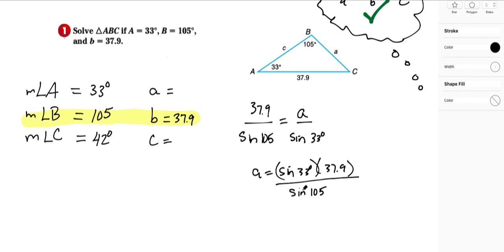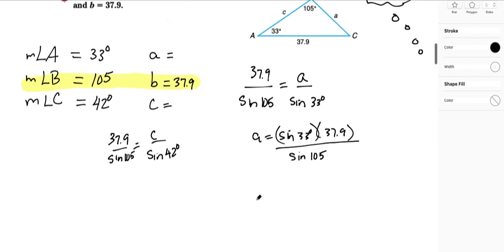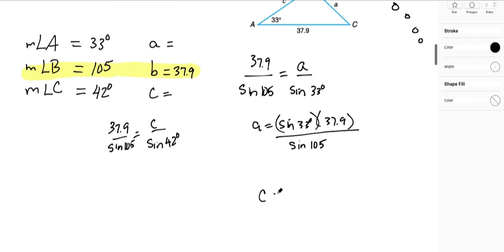And since I'm in the market to do that, you guys understand that I can do exactly the same thing for C, right? So I would be setting up a similar proportion where C is at the top, and this time the sine of 42 is at the bottom. So if I take my hint from when I solved for A, solving for C would be similar, and I'd get that C is equal to the sine of 42 times 37.9.